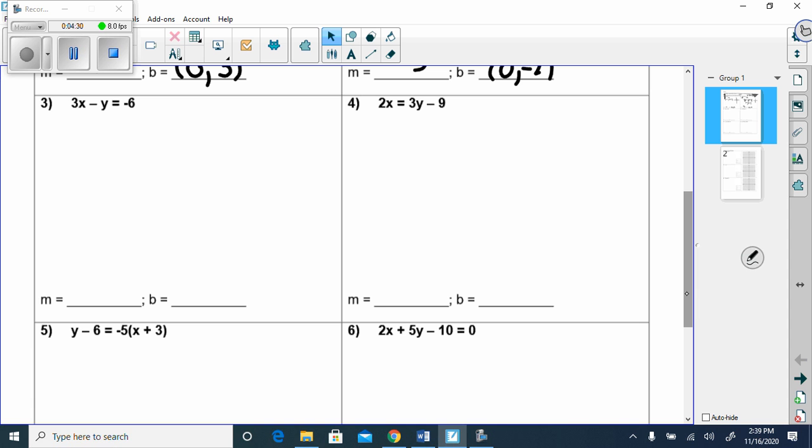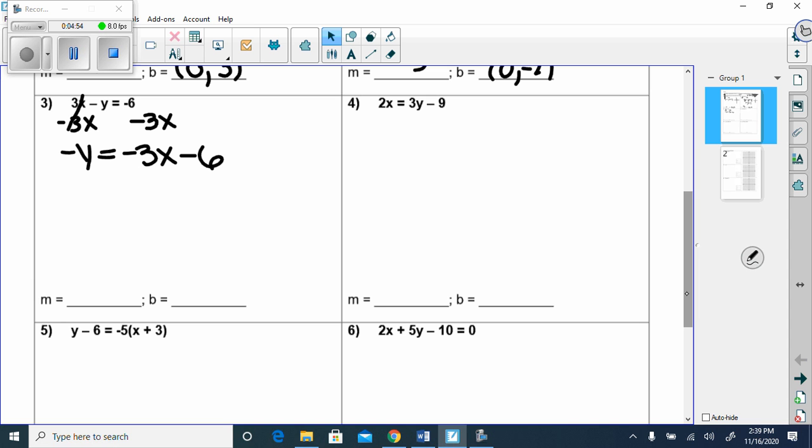Number 3. What should I move first? And how would I move it? Very good. So I subtract 3x from both sides, and then what am I going to be left with? Negative y equals negative 3x, right? Negative 6. All right. Very good.